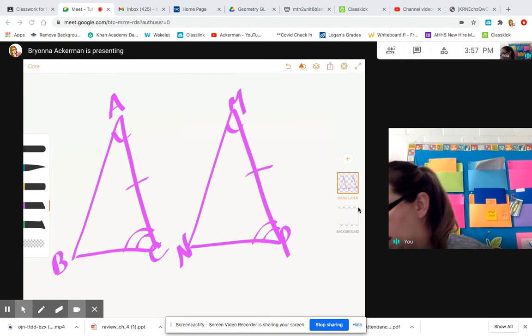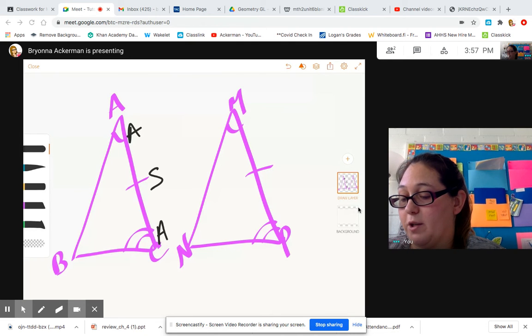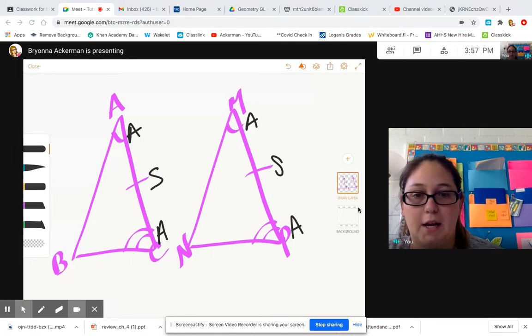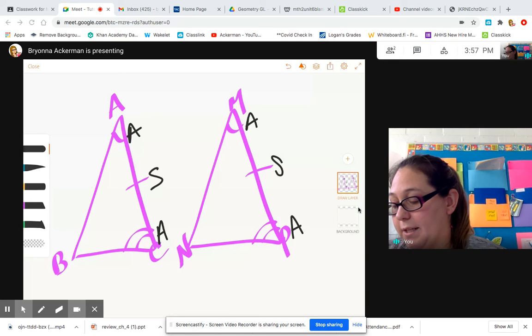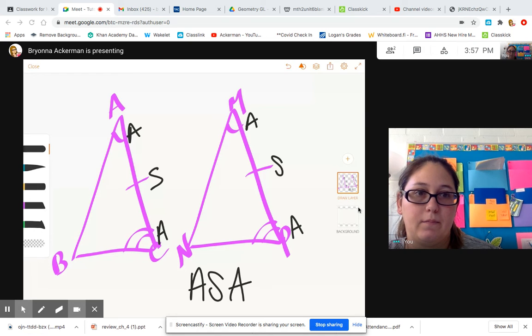Okay, so again, label what you have. I have an angle here, I have a side here, and I have an angle here. And that's the order. And then does the other triangle follow the same pattern? And the answer is yes. And so in this case, these two triangles are congruent because of angle, side, angle, or ASA. Okay?